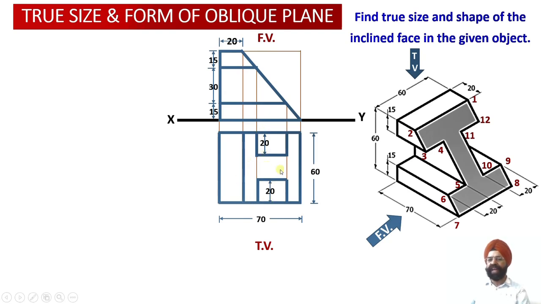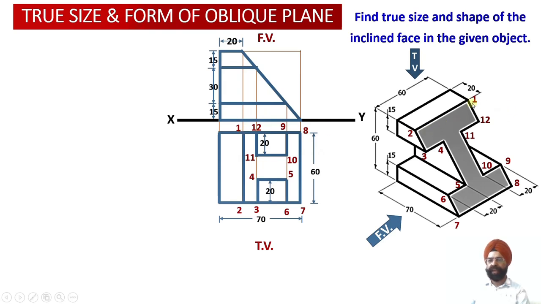Now this is our H-shaped surface for which we are required to evaluate the true shape. In order to evaluate the true shape, we have already marked the different points which are appearing onto this section cut surface over here. And this section cut surface happens to be an inclined section cut surface. So these points now we are going to mark in the top view.